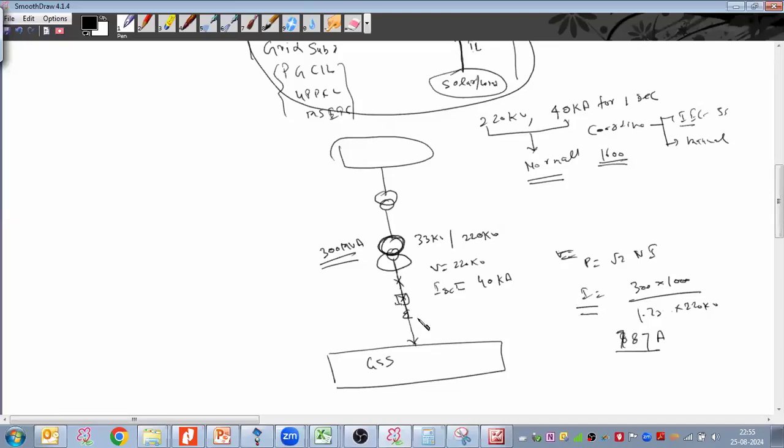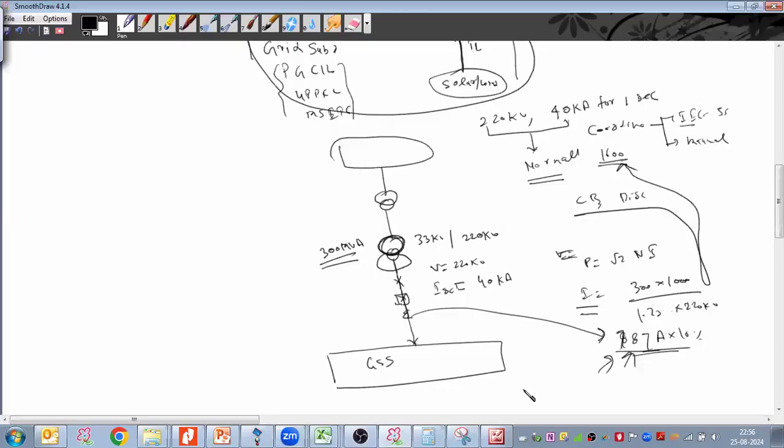The CT rating would be this much plus a 10% margin, as per how much current you are transmitting.